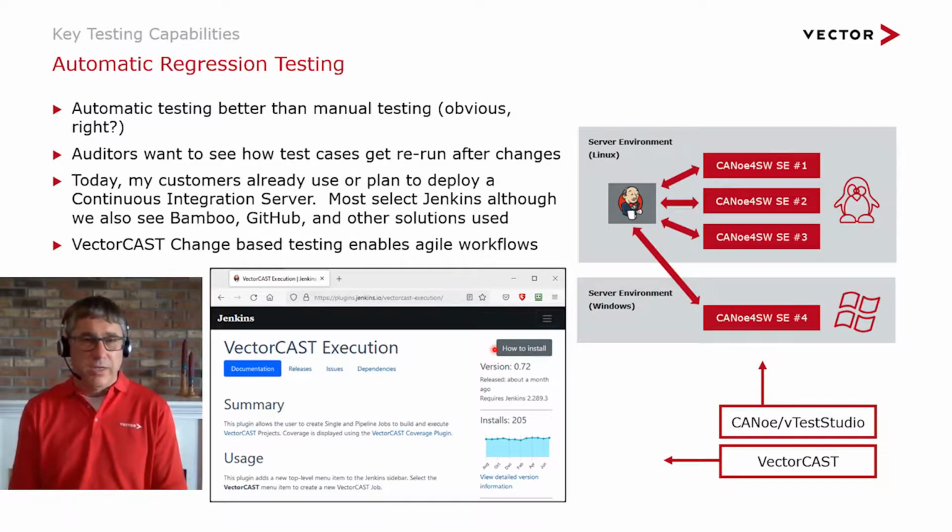So that can save a lot of time, and in many cases it can enable an agile workflow for projects where they now can run all their tests that need to be run within their 2-week sprint cycles or maybe even overnight. So it's a real handy feature that a lot of our customers really like a lot.